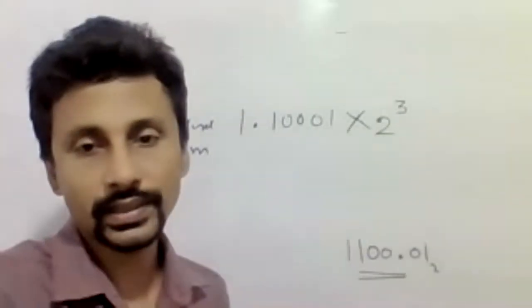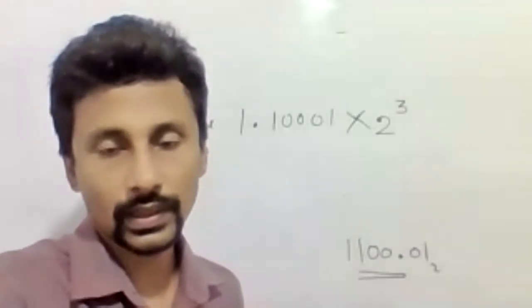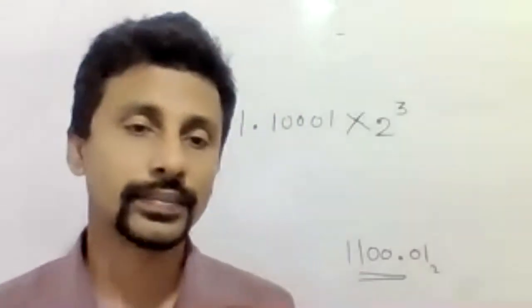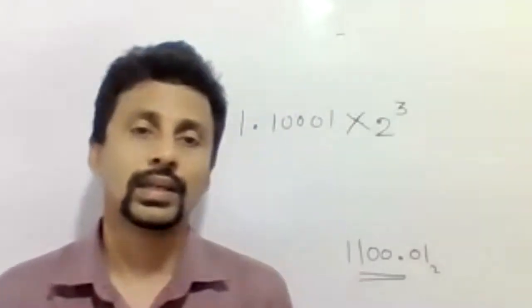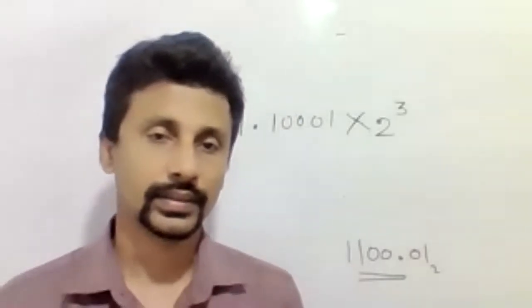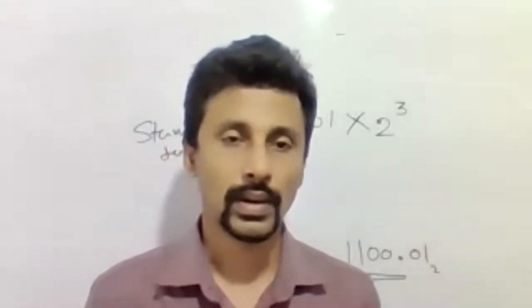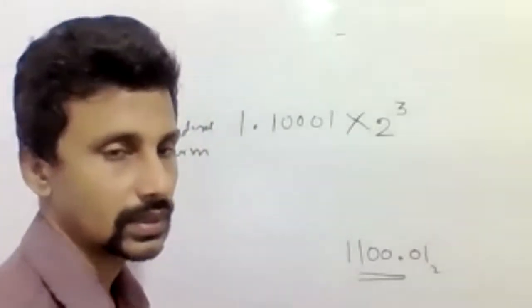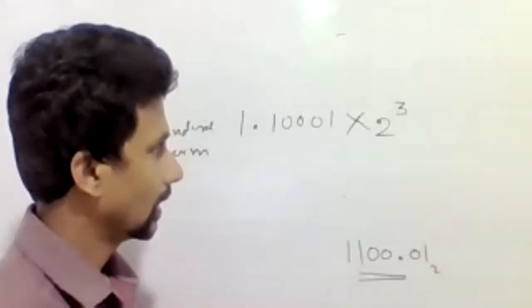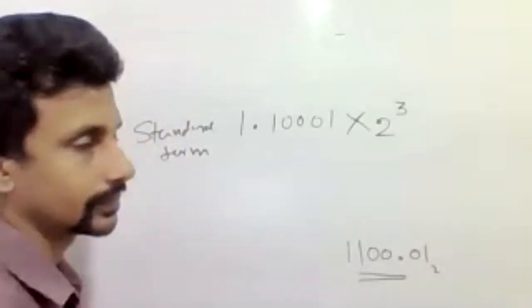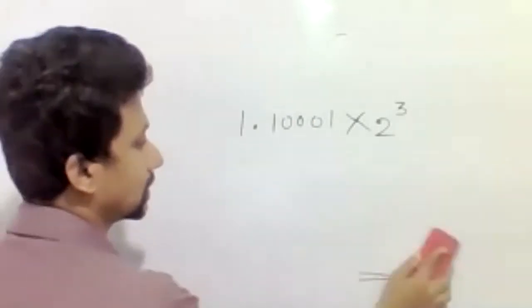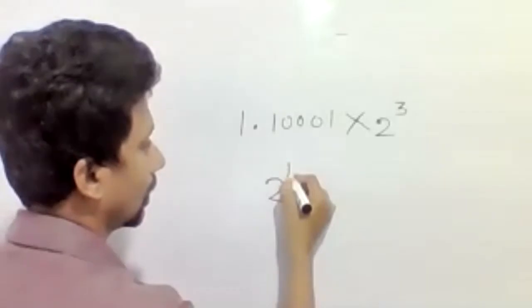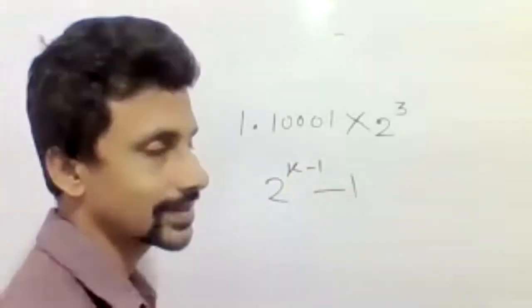Okay, third step, write down. Bias the exponent by using the excess K method.